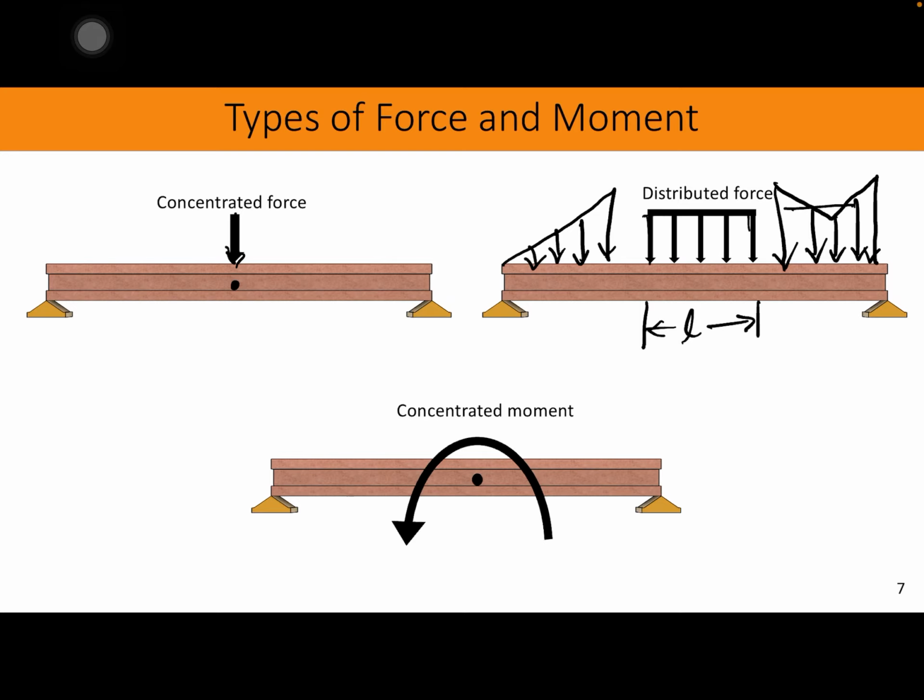For example, you can have a varying distributed load, and with the distributed load, sometimes you may have a concentrated load as well. Again, there are a lot of combinations a beam or a structural element can experience. But for simplicity, you need to know that a concentrated load acts at only one point, a distributed load acts over a certain length, and another one, the concentrated moment, can be applied externally as well.